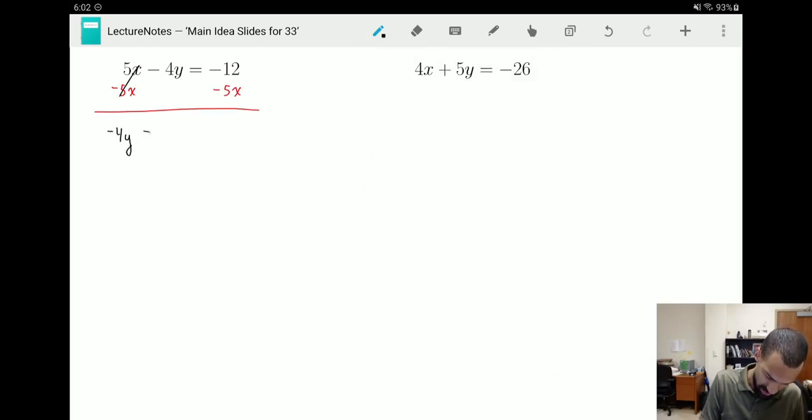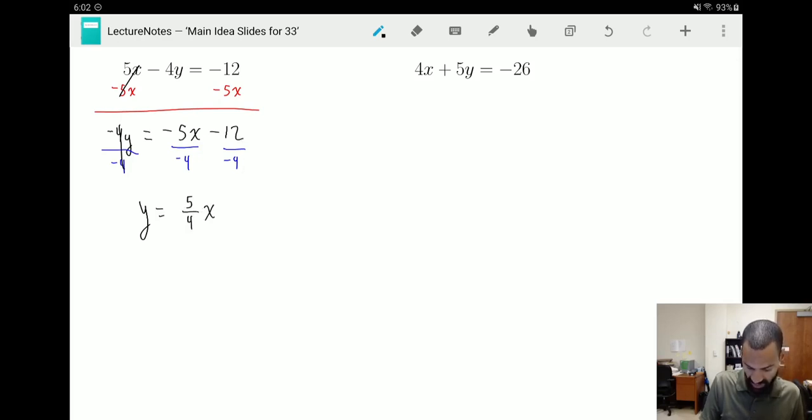Negative 4y equals negative 5x minus 12. Divide all terms by negative 4. Y equals 5 over 4x, since negative over negative is positive. Negative 12 over negative 4 is a positive 3.